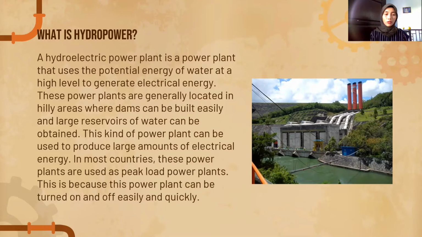This kind of power plant can be used to produce large amounts of electrical energy. In most countries, these power plants are used as big load power plants. This is because this power plant can be turned on and off easily and quickly.